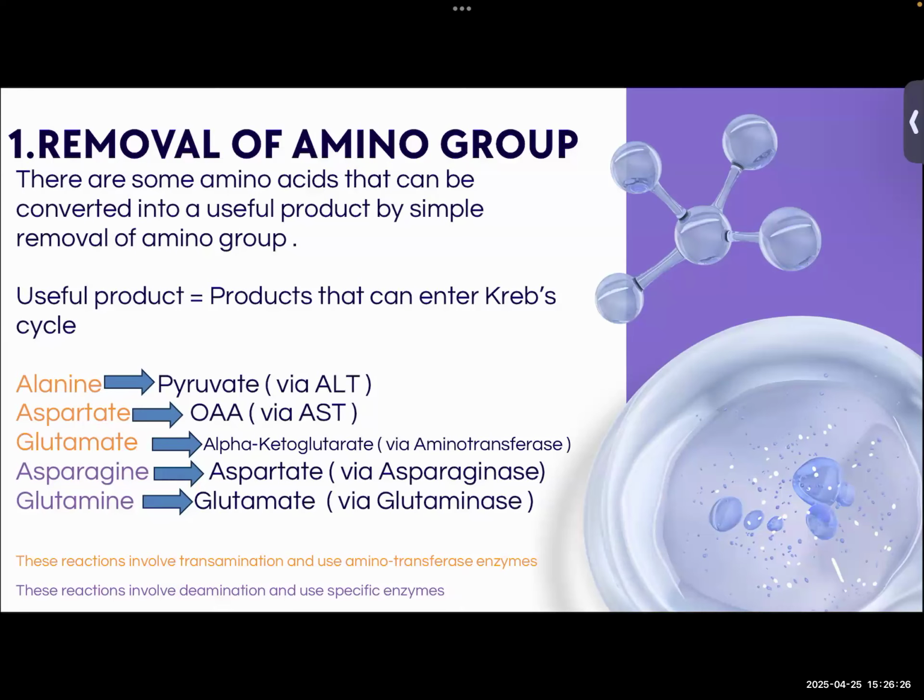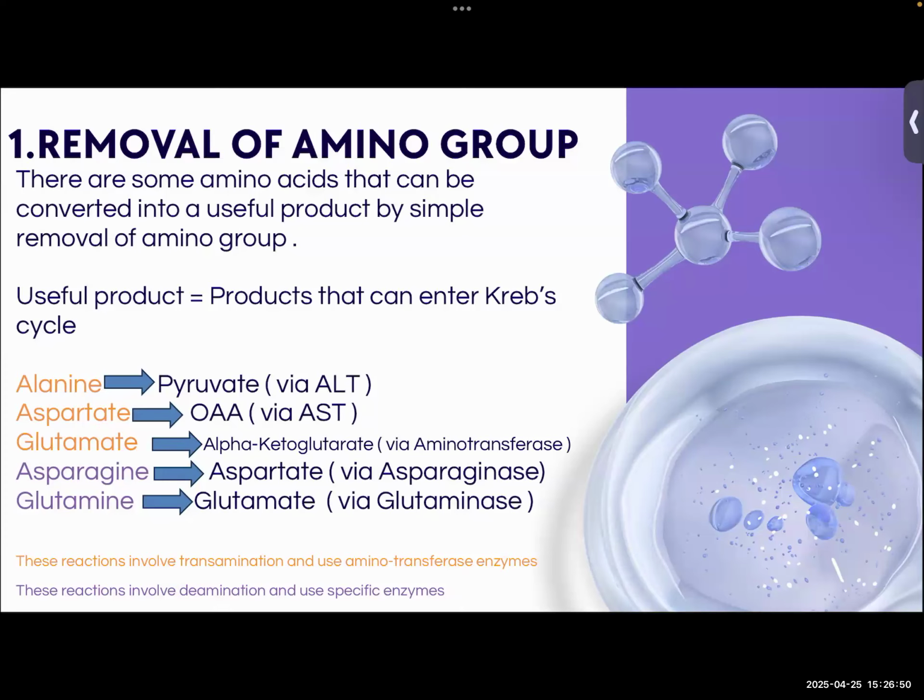via glutaminase enzyme. So the last two are pretty self-explanatory, but basically, as you can see at the bottom of the screen, the ones in orange, which is the first three, these reactions involve transamination, which is the transfer of an amine group, and therefore aminotransferase enzymes are used.